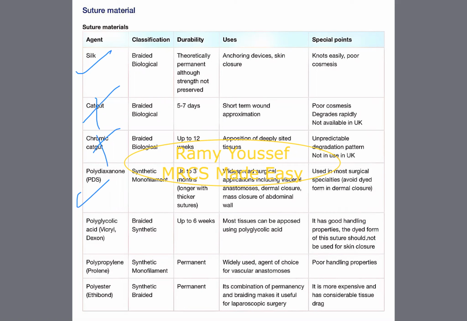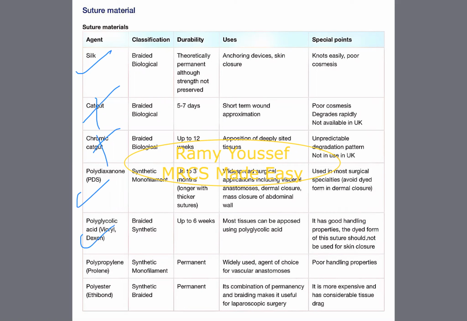We don't use 0. We use a big one like 1 or 2, and this is a long, tough, absorbable monofilament suture material. So you can use it in the abdominal wall and in visceral anastomosis.